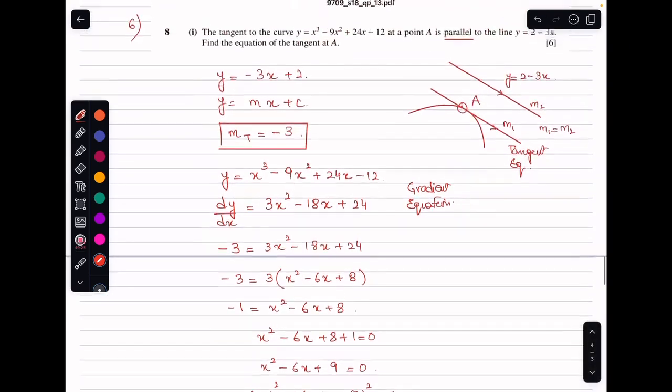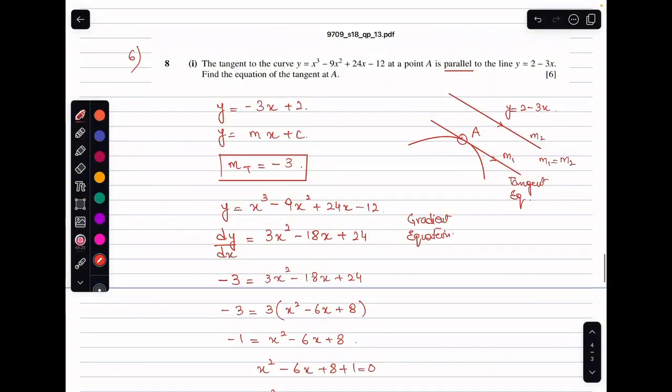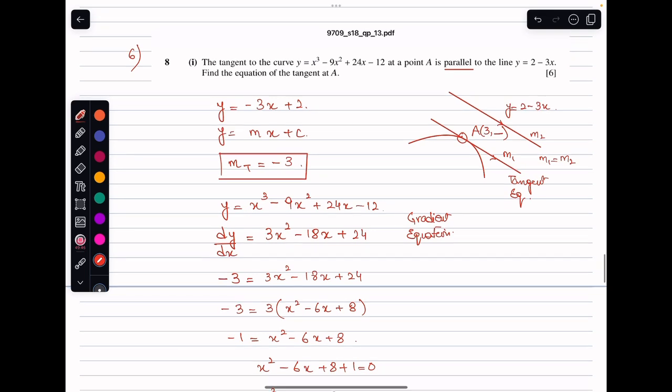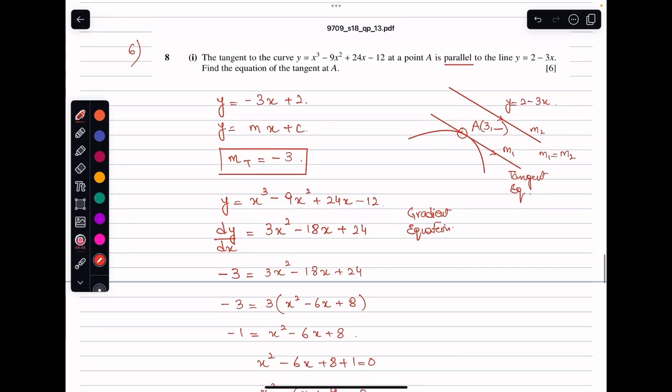So for point A, my x value is 3, and it's the y value which I need to find out. To find the y value won't be difficult, because we know that x as 3 is present on the curve. If I substitute this in the curve equation, I should get the y value for the function.